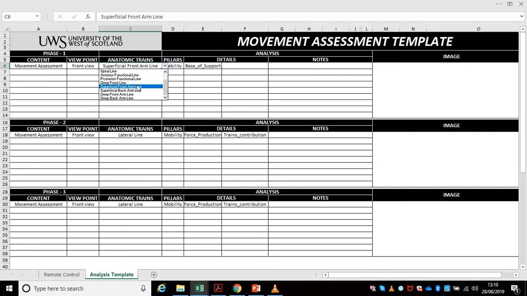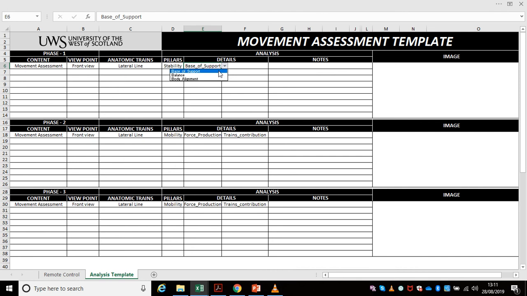So let's say that for the first phase we considered the superficial back chain, or the lateral lines for stabilizing the body in the frontal plane. Again, the main aim was stability, so we can keep stability, and here we can select what actually is relevant for stability.